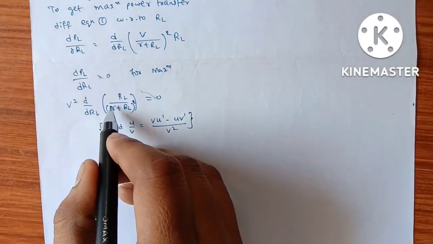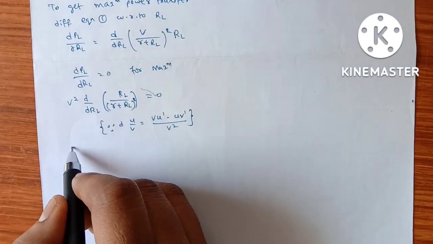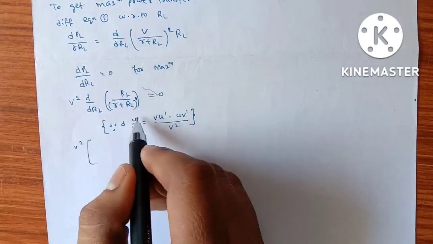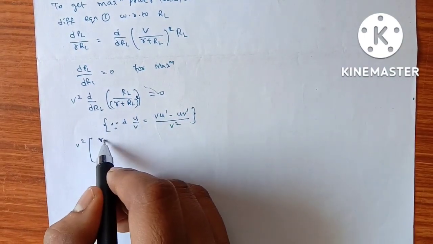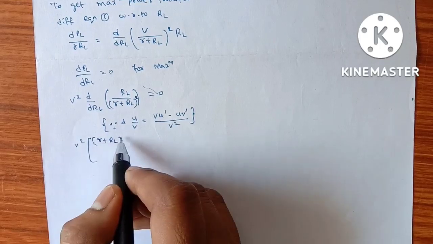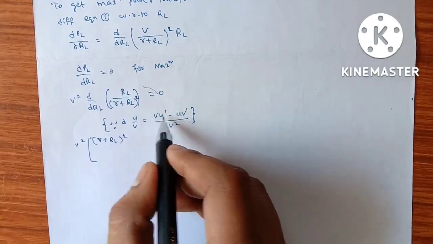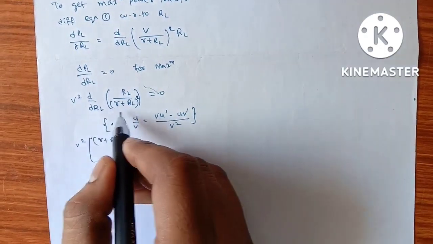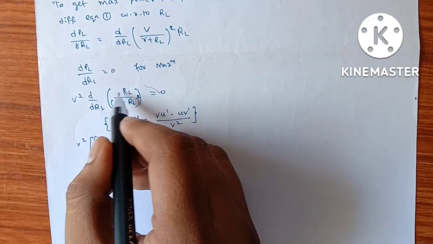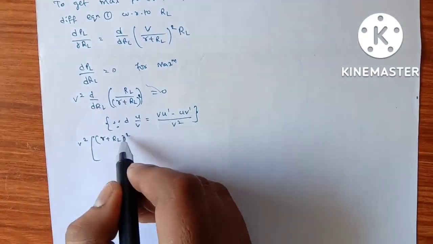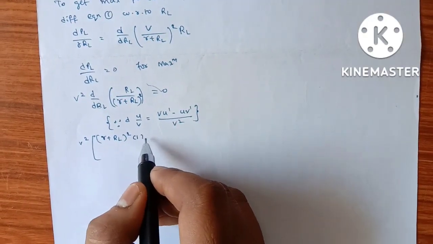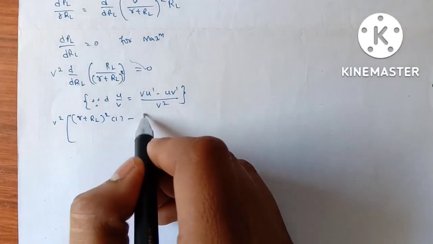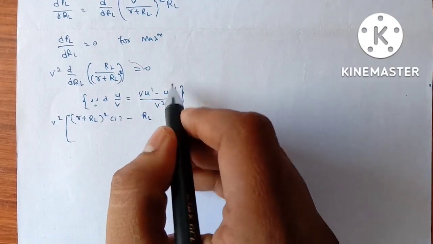If we write this equation in this form, it looks like V square of, here taking V, which is (R plus RL) whole square, and U dash, which is RL dash. We are differentiating with respect to RL, so dRL by dRL is equal to 1, minus, again writing U, here U is nothing but RL, into V dash.